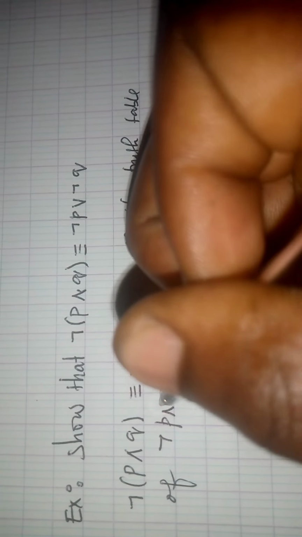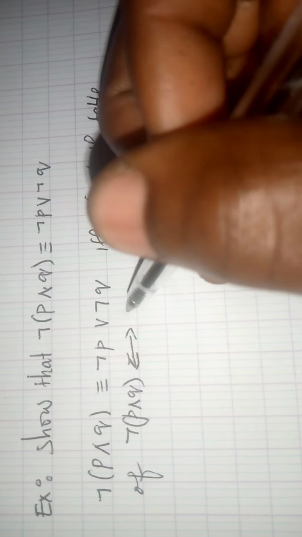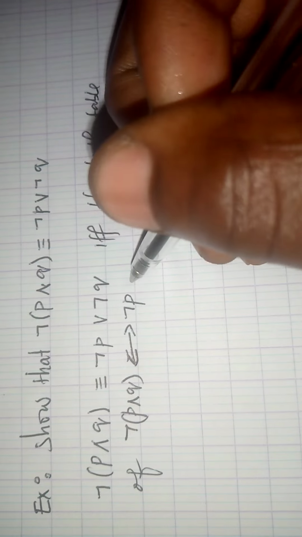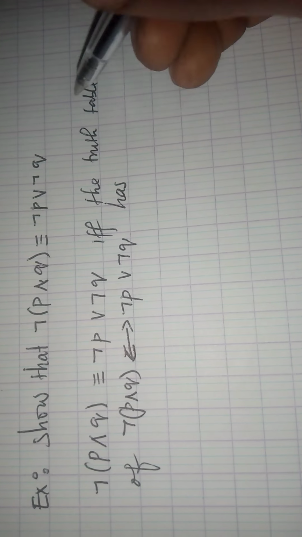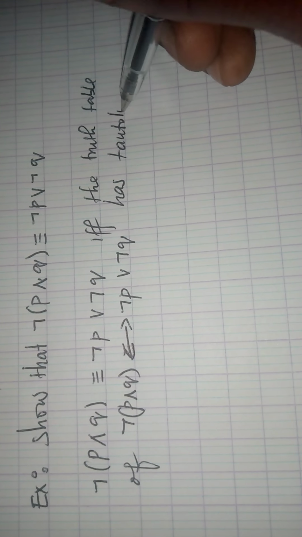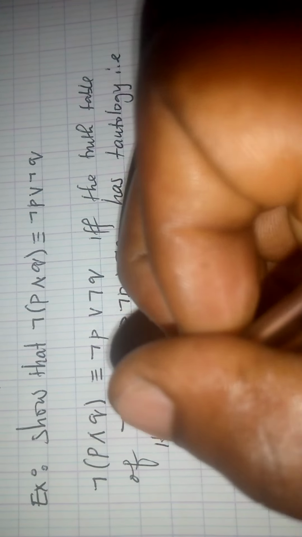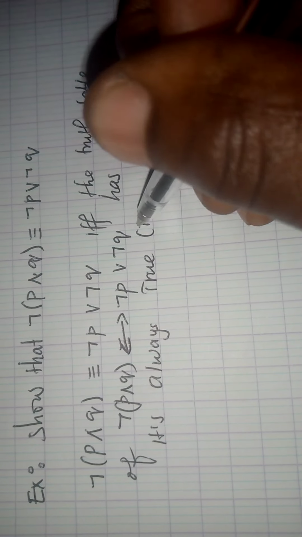of the bicondition of the two propositions, negation of P and Q and negation of P or negation of Q, is what we call a tautology, which means it's always true.